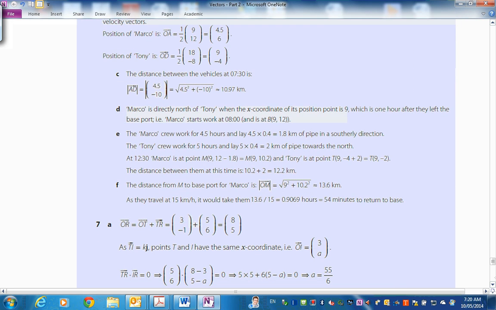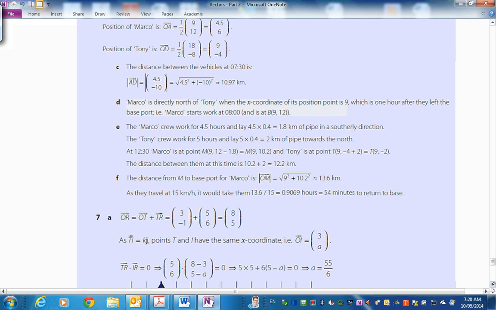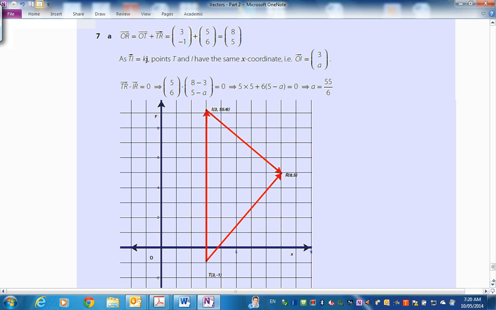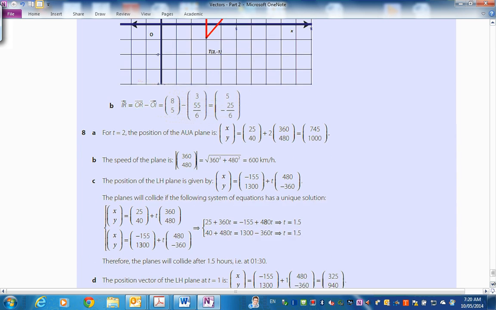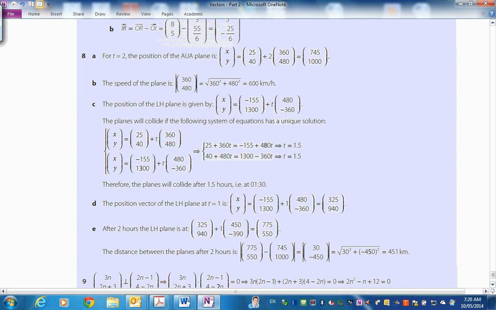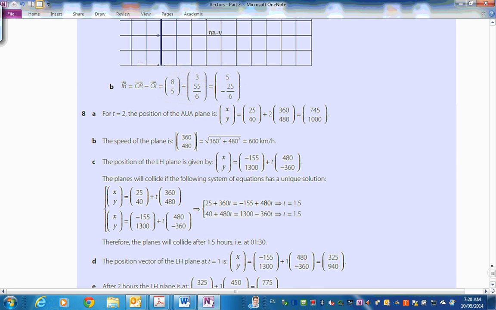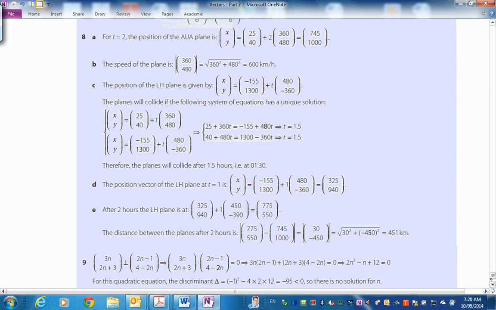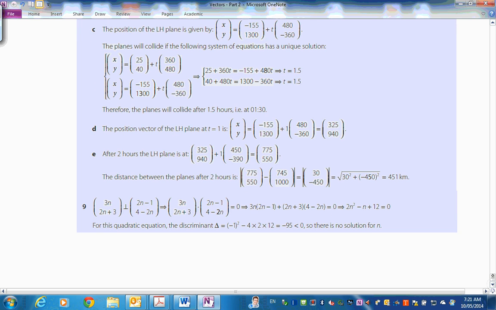Rest of question 6 there. Question 7. And the last bit of 7. Let's go up maybe just a little bit there. Okay, come down and let's look at 8. And 9.